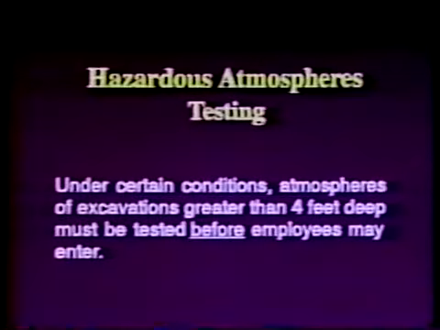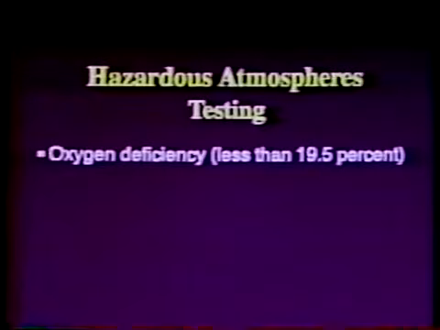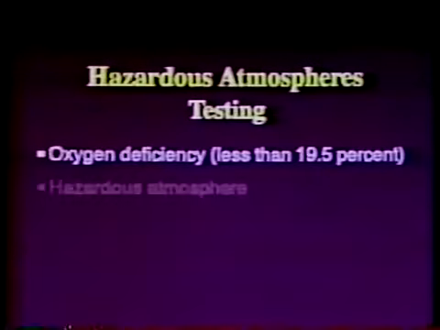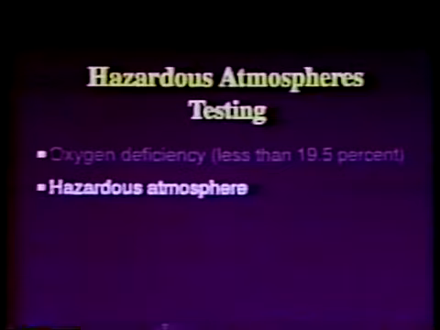Under certain conditions, atmospheres of excavations greater than 4 feet deep must be tested before employees may enter. Testing is required where oxygen deficiency, that is less than 19.5% oxygen, or a hazardous atmosphere exists or could reasonably be expected to exist.